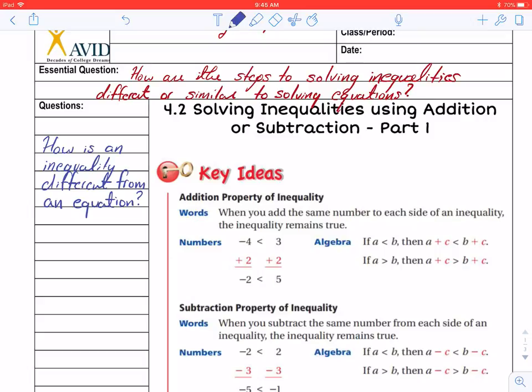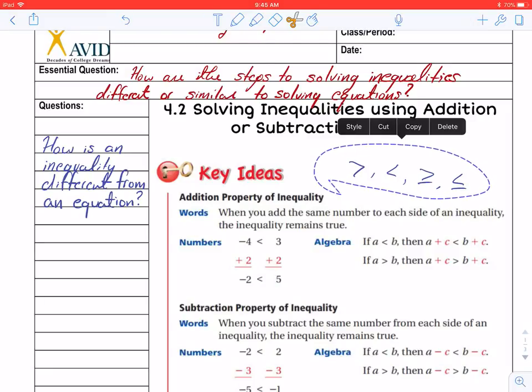So we talked about the main difference between an inequality and an equation is the symbol that is in between them. An equation will always have an equal sign, while an inequality will never have an equal sign. It can have a less than, greater than or equal to, or less than or equal to sign. It's one of these four symbols that we've been working with for the last week. But it'll never have just the equal sign, because that would represent an equation.